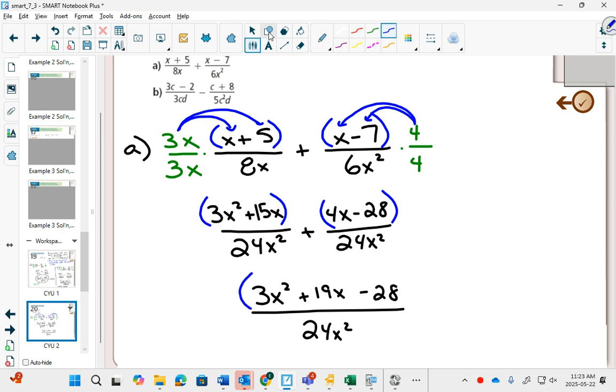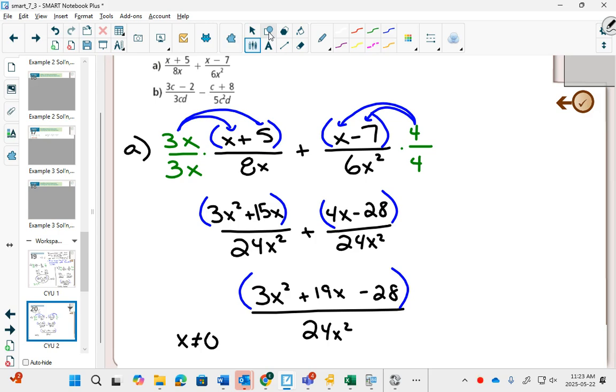Again, this whole thing is grouped together now, because it's connected with adding and subtracting. And unless we can factor out a common factor, which we can't, or an x, which we can't, there's nothing that would be able to simplify here. And of course, the textbook tells us the non-permissible value that x can't equal 0.